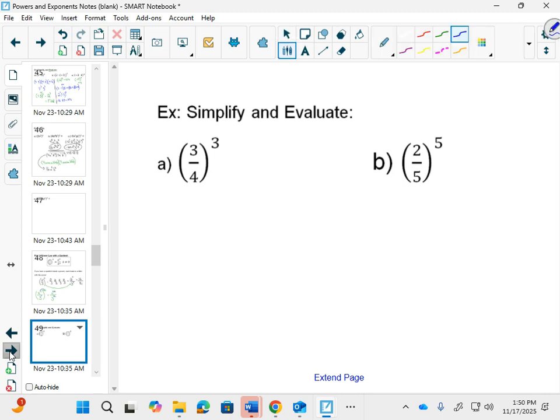So using the shortcut, this would be 3 cubed over 4 cubed. Does anyone know what 3 times 3 times 3 is? Mental math.